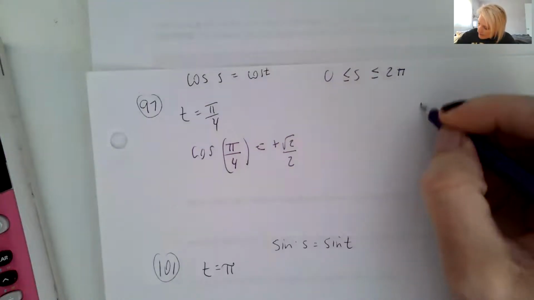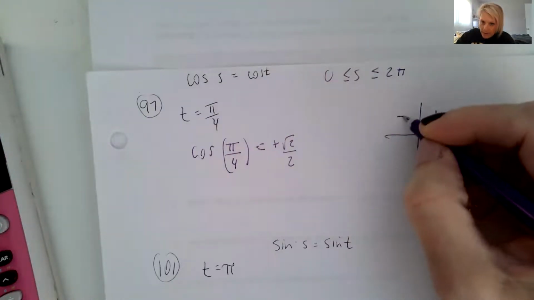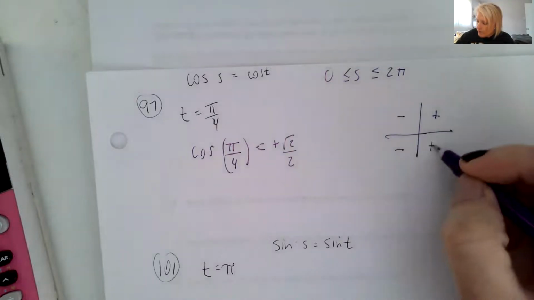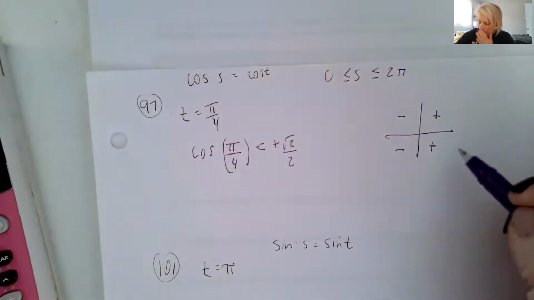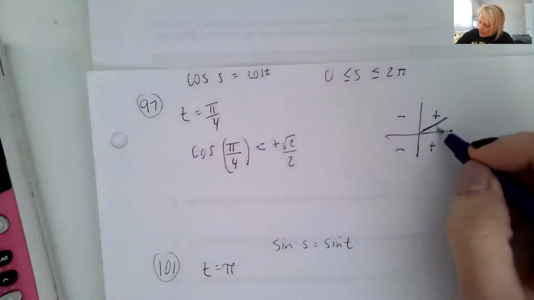So cosine is positive in the first quadrant, negative in the second quadrant, negative in the third quadrant, and positive in the fourth. So we have to pick the reference angle that goes with pi over 4 in the fourth quadrant.